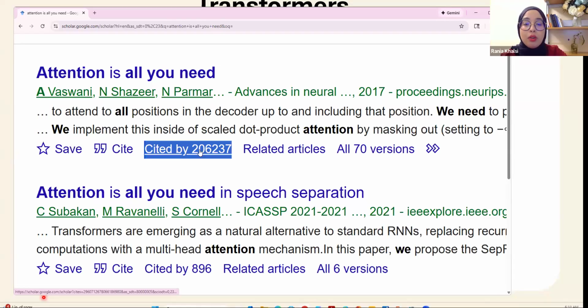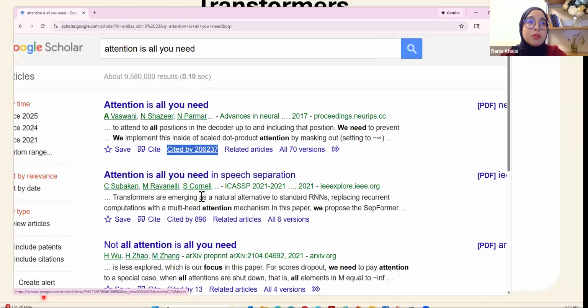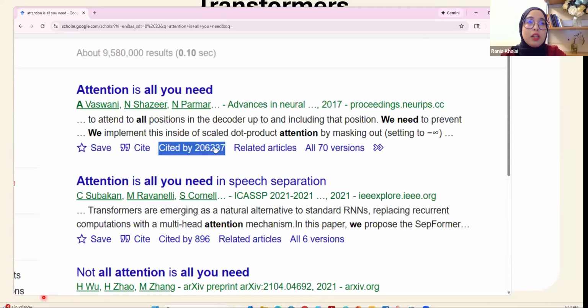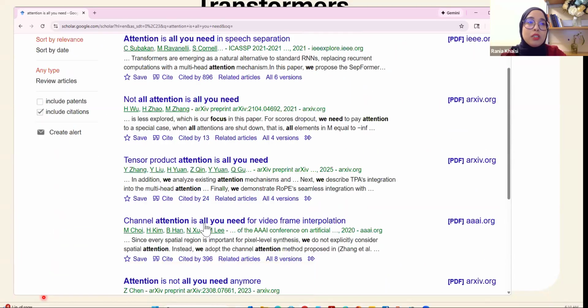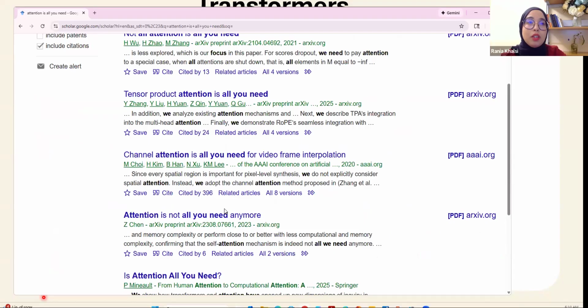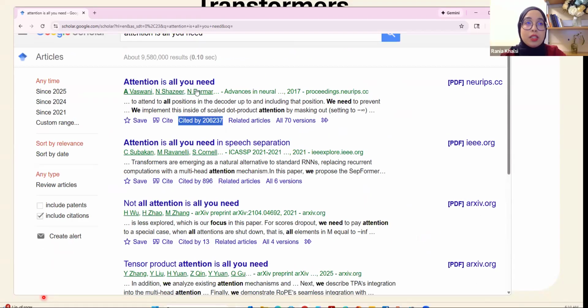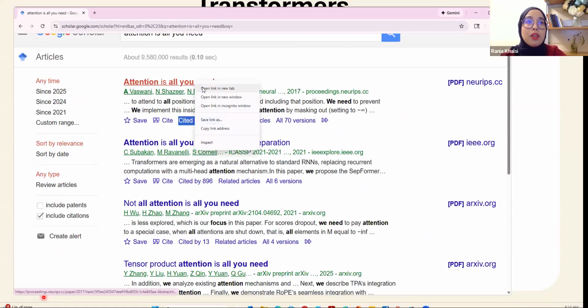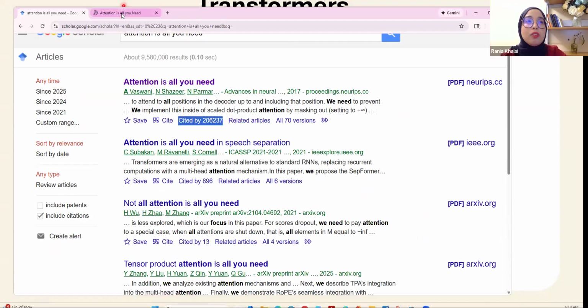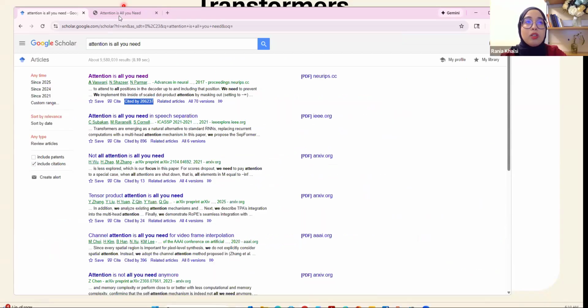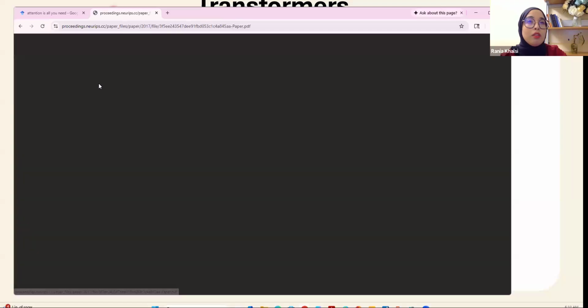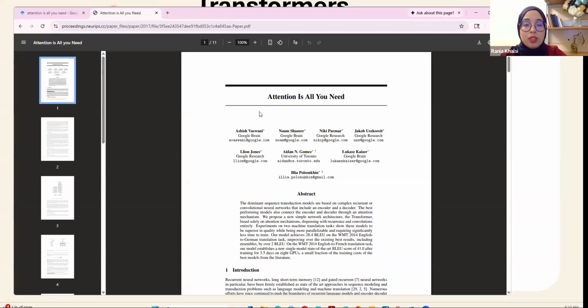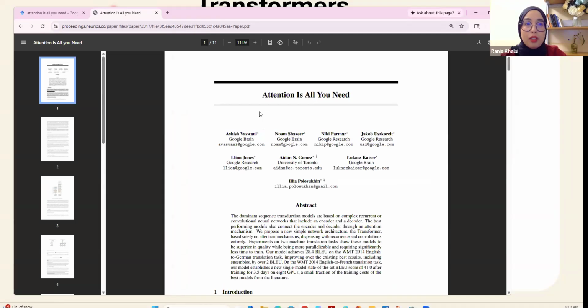Once we found our paper, you can see the citation count is 200K plus, but usually people cite papers 13, 24, 50, or 100 times. This is an exceptional work that made a big change. So let's open it. Whether you want to download this paper or just open it in your browser, this is the paper.